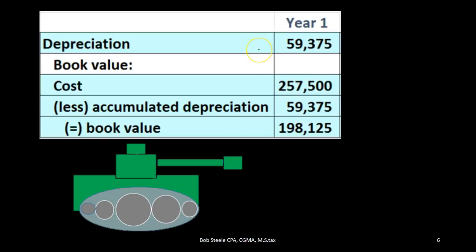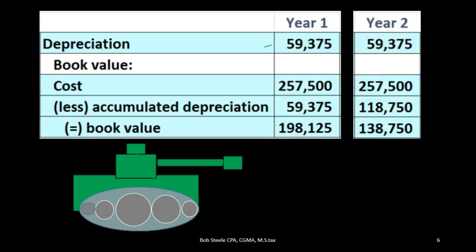If we look at it in table format, we can see that depreciation for year one is that $59,375. The calculation of the book value then would be the cost, $257,500, minus the accumulated depreciation, giving us the book value. In year two, what would happen? We would depreciate the same amount.